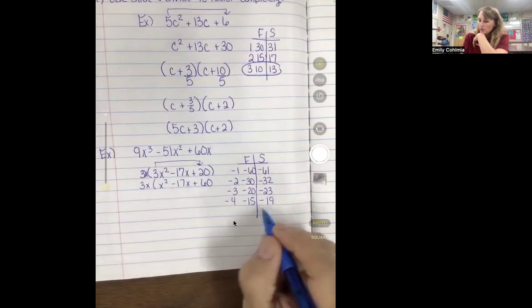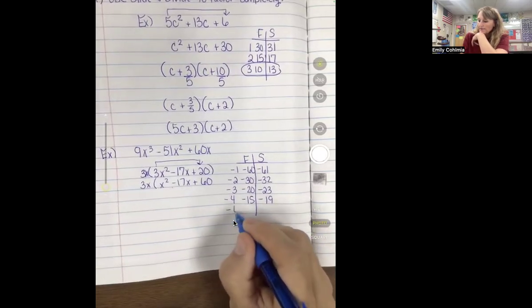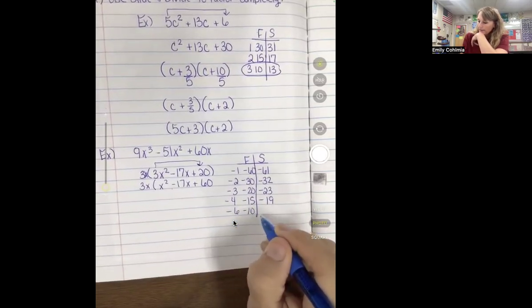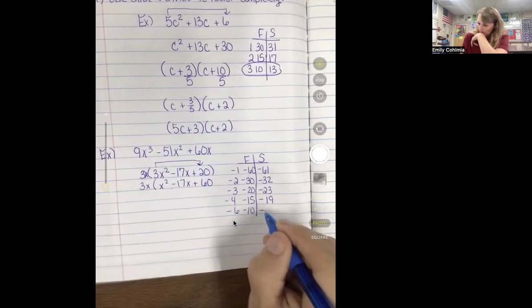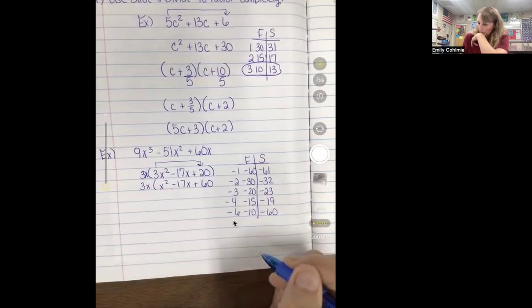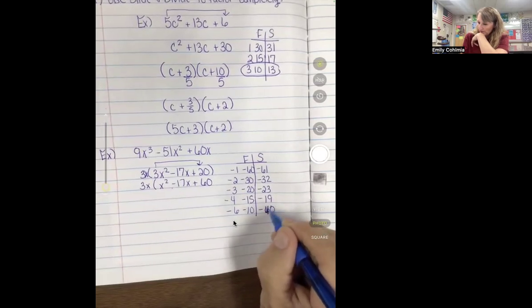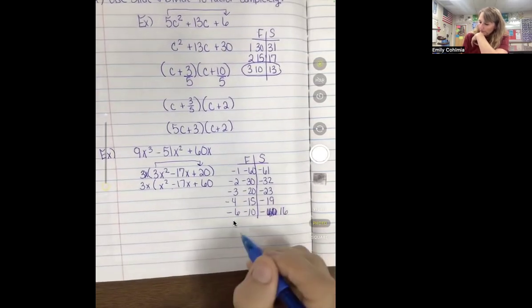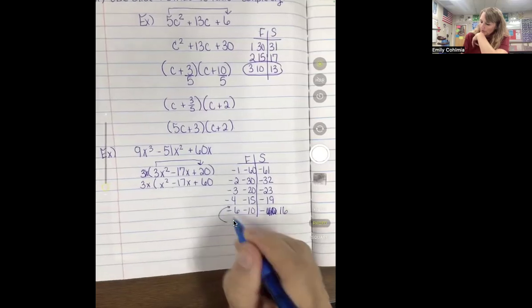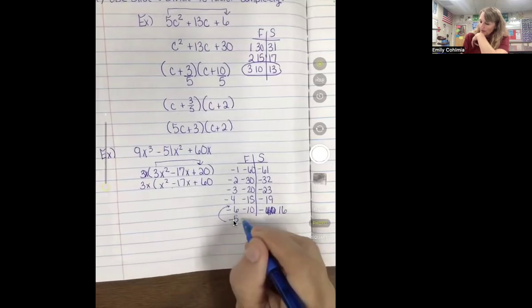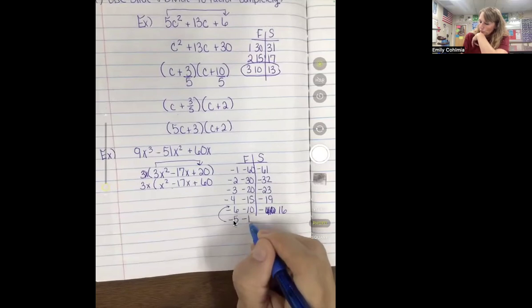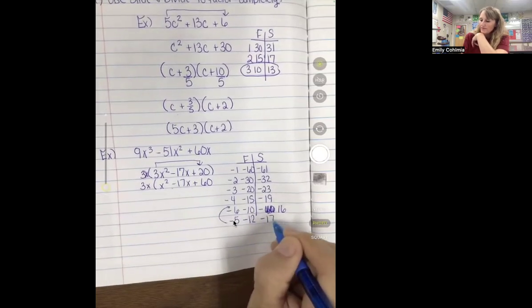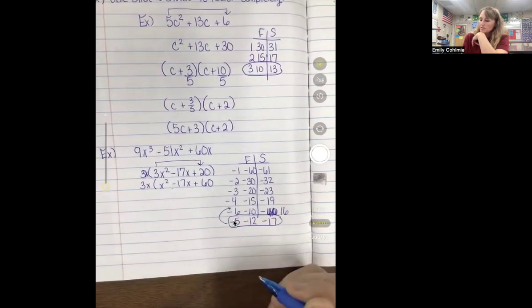We're getting closer, but that one didn't work. And -6 and -10 gives us -16. Oh, I missed 5. That's where it goes. -5 and -12. There's my -17. I just missed it, barely.